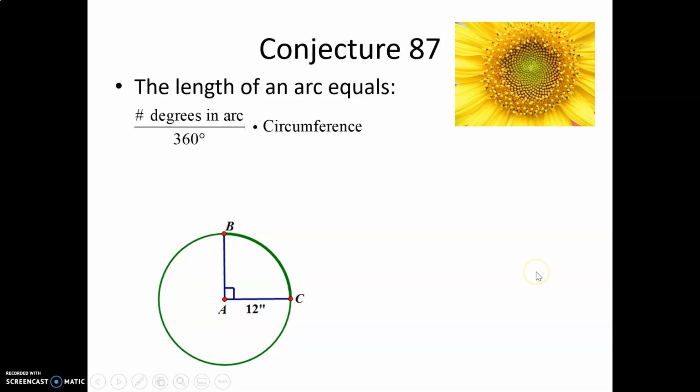So conjecture number 87 for section 9.6 says, the length of an arc equals the number of degrees in the arc over 360, so that gives me the fraction of, or times, the circumference.